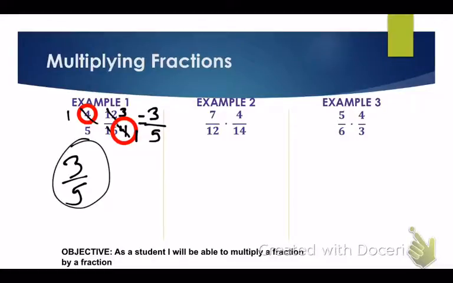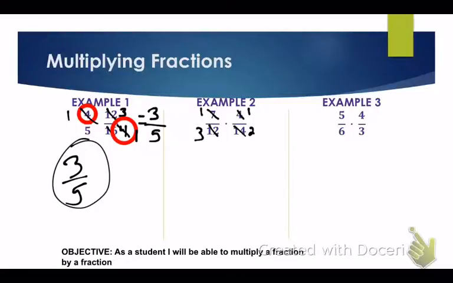Next one, 7/12 times 4/14. Here we go. Pre-simplify, I'm actually going to use 7 and 14. What goes into both of them? 7. How many 7's are in 7? 1. How many 7's are in 14? 2. Can I pre-simplify anything else? Absolutely. I can do 4 and 12. What goes into both of them? Well, 4. How many 4's are in 4? 1. How many 4's are in 12? 3. Can I do anything else?